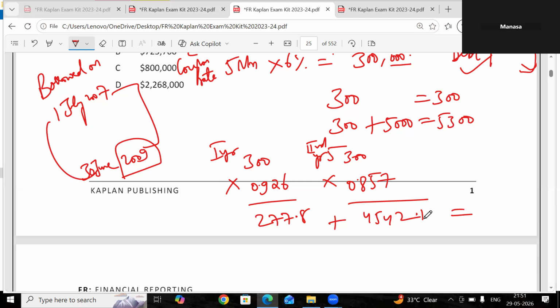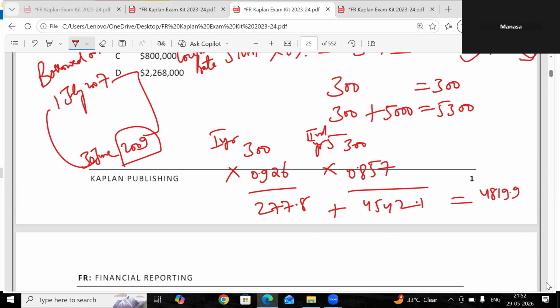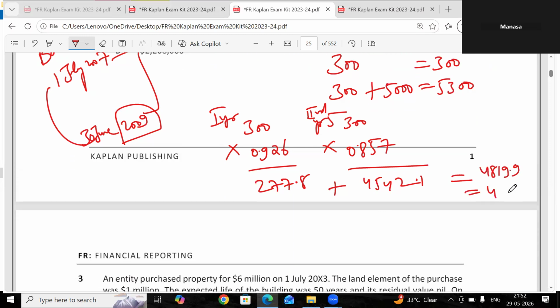4819.8, which I can directly take as 4,820, right? This is my liability.